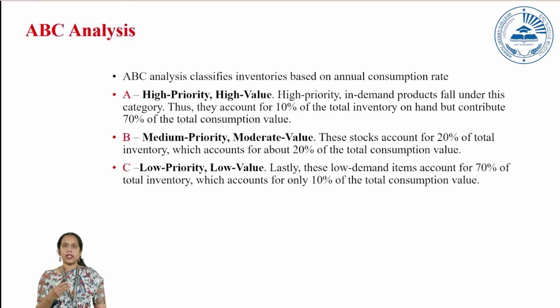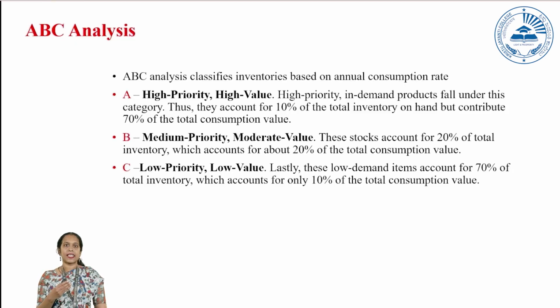For example, 10% of the A items can contribute 70% of the value for the company. And next is the B item. This B item is of medium value and gives a medium priority for the company. So here 20% of the B items can contribute 20% of the value for the company.